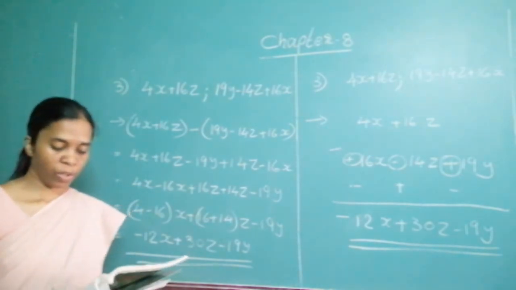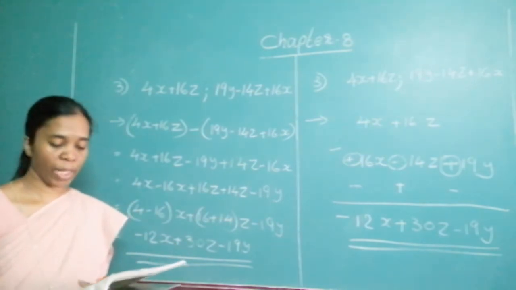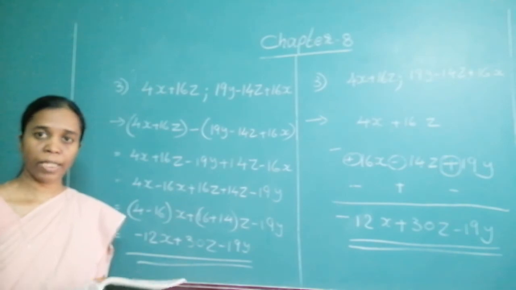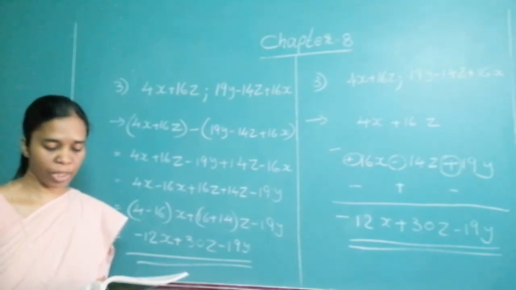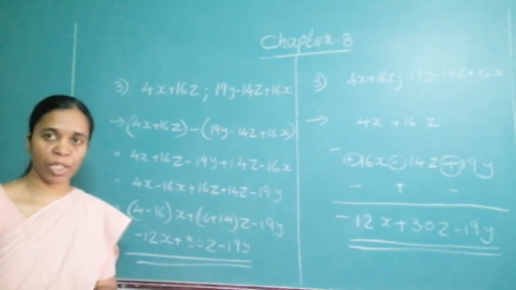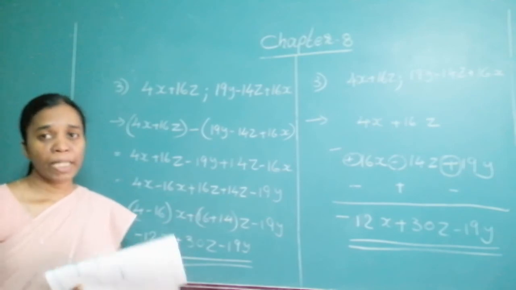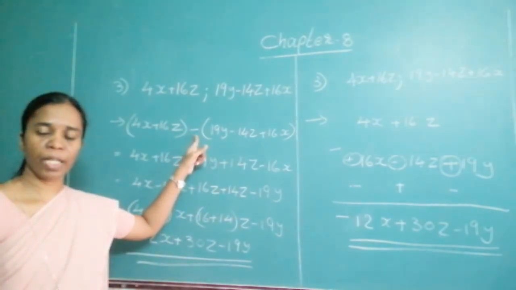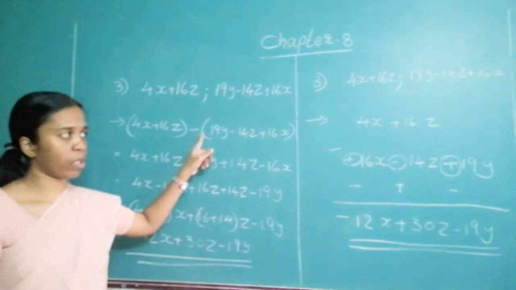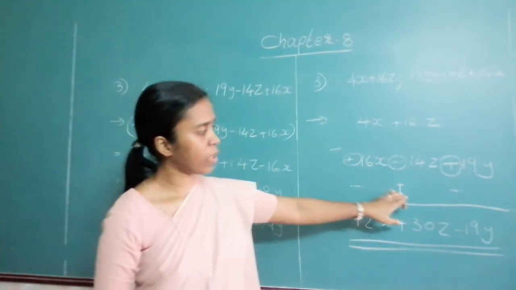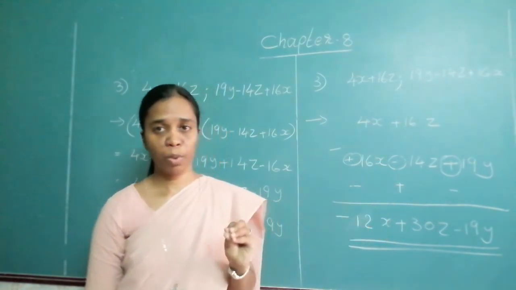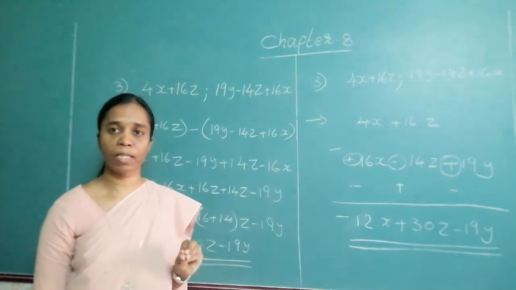For your homework, given you practice set 34, few questions we have already solved. The remaining ones please complete. Practice set 34. Please practice how to open this bracket with the sign outside. This is very important. How to change the sign and do the operation. This is very important for the higher classes.